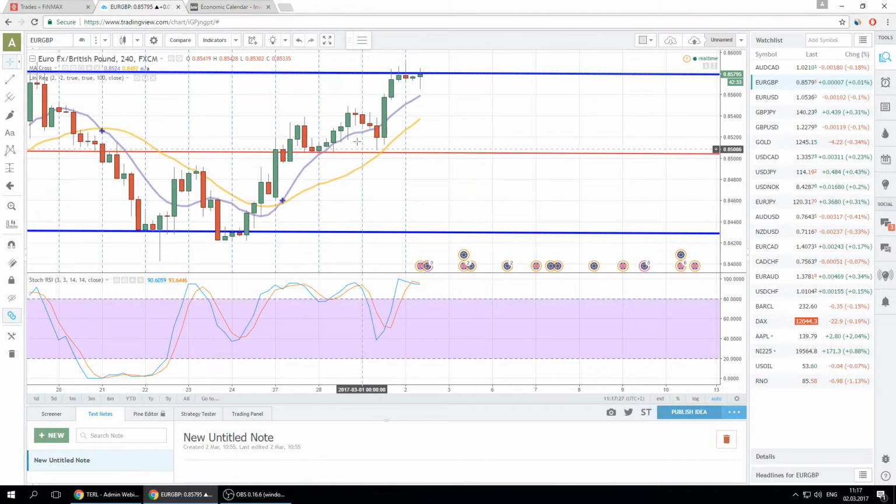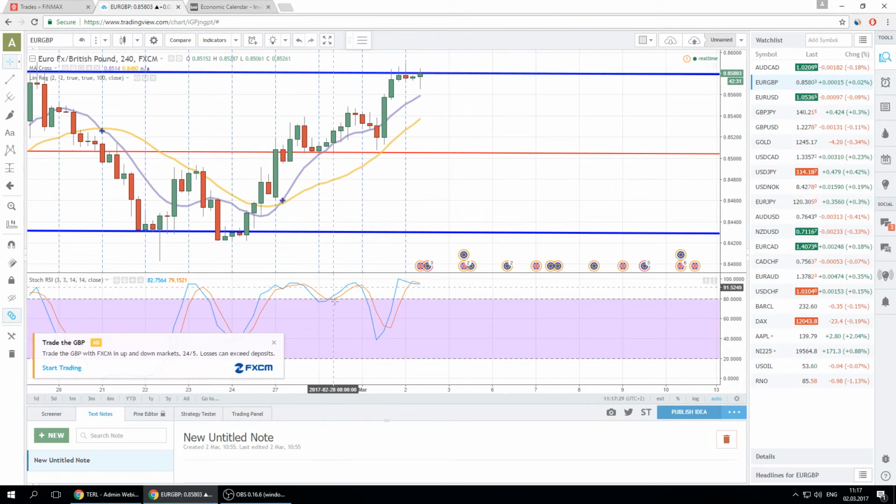Euro, British pound. I won't open because of the event that will be published within a couple of minutes. So my technical approach to trading can be thrown away with that event. So I will prefer to open the trade after.